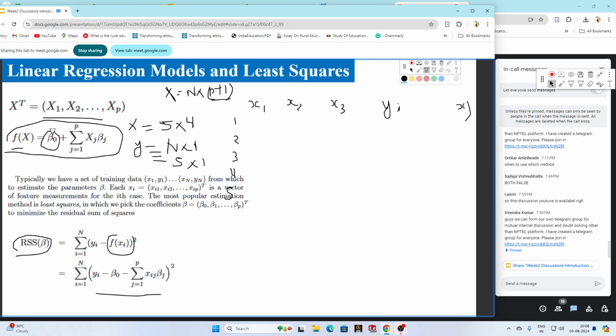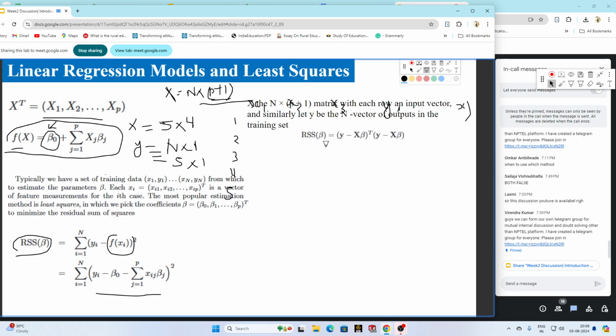So to account for it, we take p plus 1. The sum is j equals 1 to p of x_j beta_j. Otherwise we could take n cross p, but as we also want the intercept in this f(x) equation, that is why we take n cross p plus 1, and our y will be the usual output, n cross 1, that is 5 cross 1.